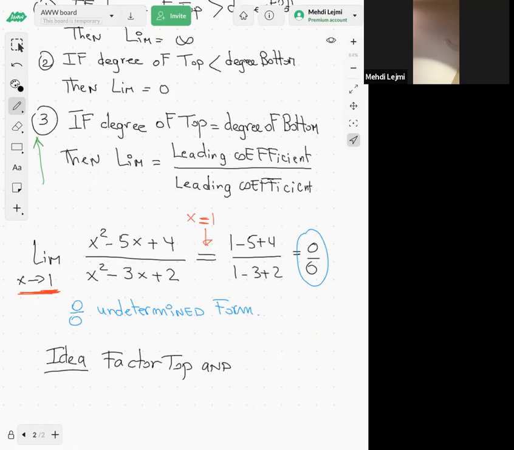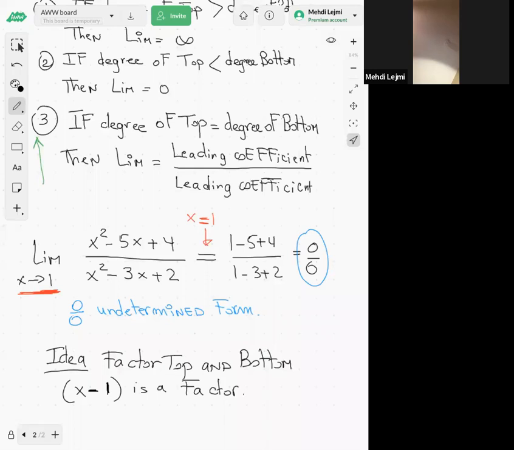It means that x minus 1 is a factor. So we have to factor the top and the bottom, and actually x minus 1 is a factor. Okay.